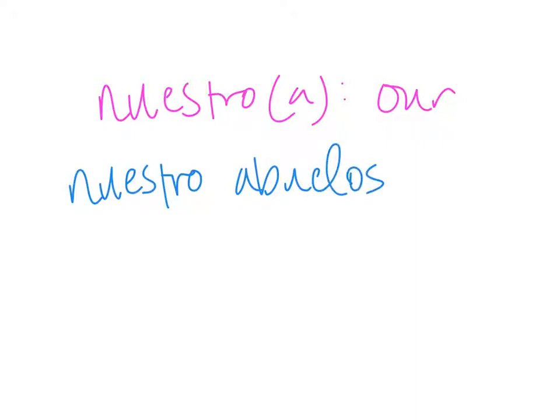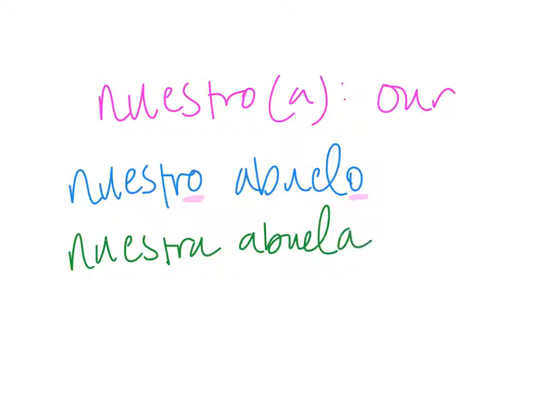So we have O here because we have O here. Because remember, it's an adjective, so it's going to work that way. But if you wanted to say our grandma, it would be nuestra abuela. Alright, so nuestra, because that's an A, abuela.